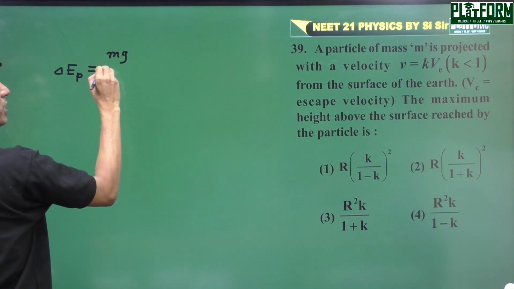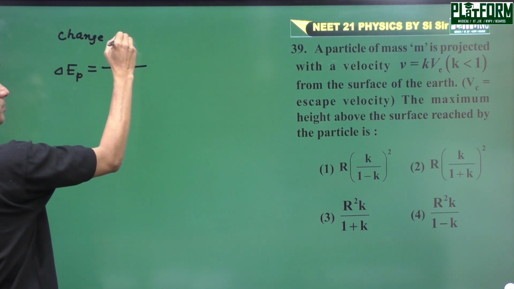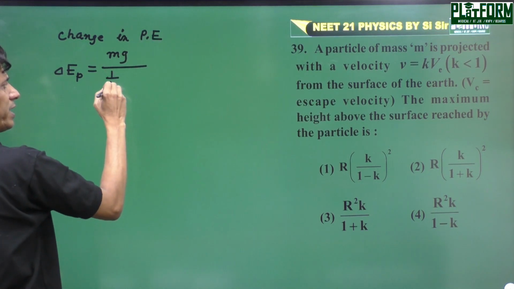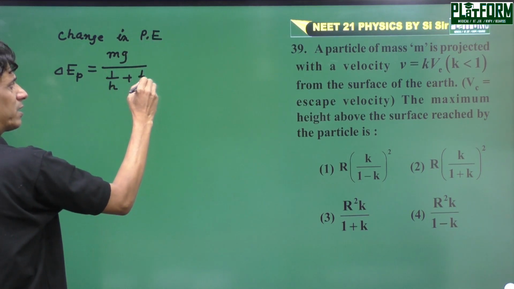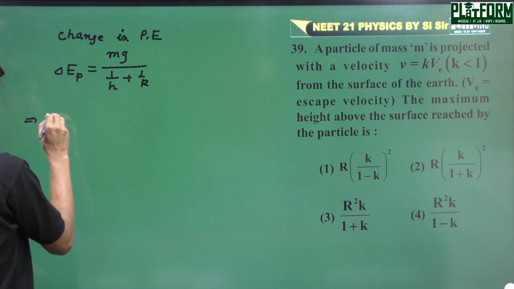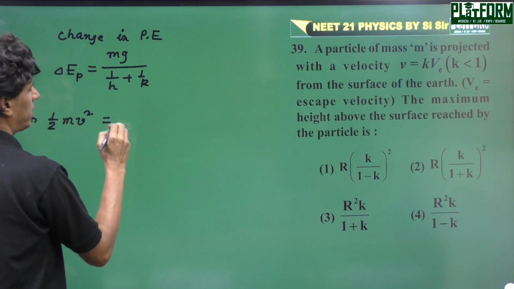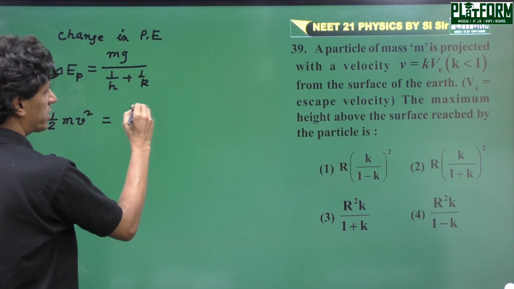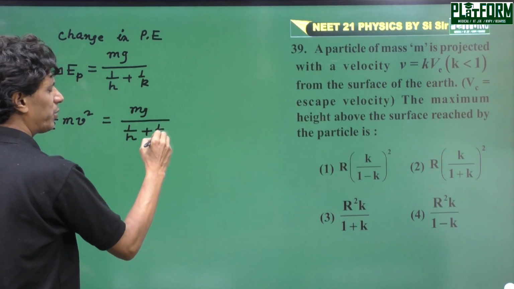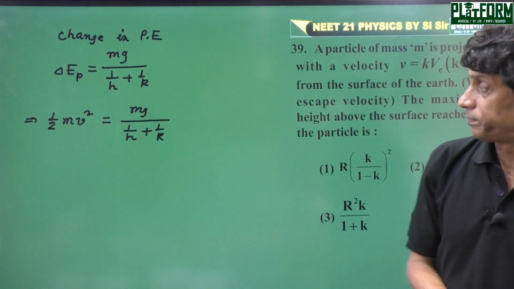The change in potential energy equals the projection kinetic energy, half m v square, and this kinetic energy converts into potential energy when it is projected up from the surface of the earth.